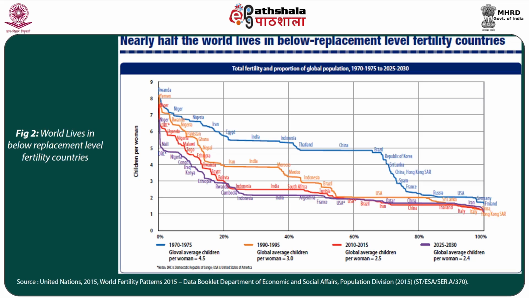By 1990-1995, the global average children per woman reached 3, and the figure for 2010-2015 was 2.5, and the projections indicate that by 2025-2030 the global average children per woman would be 2.4.